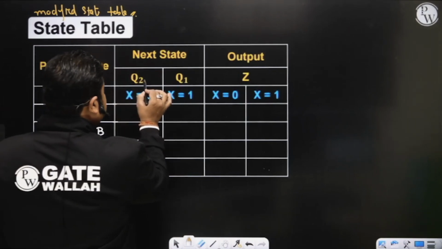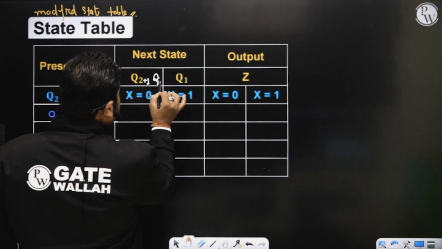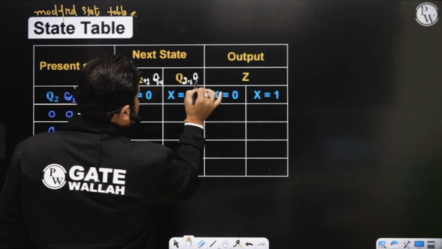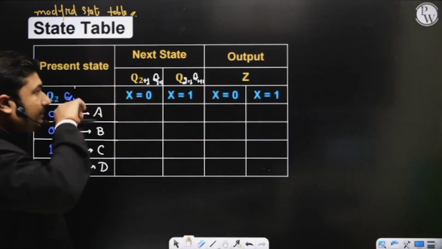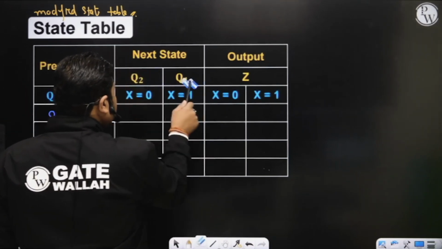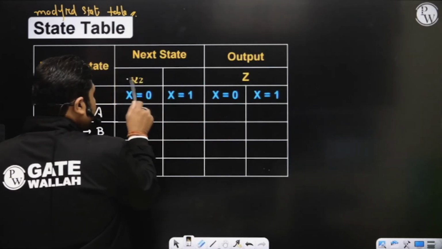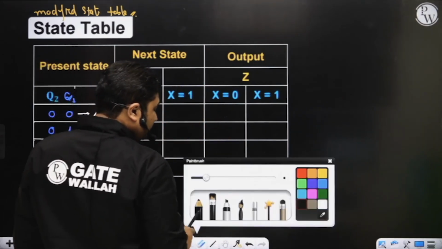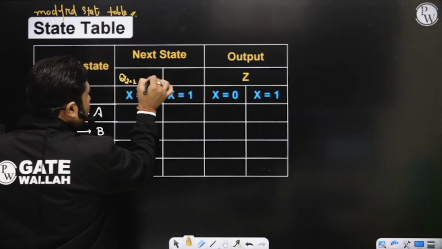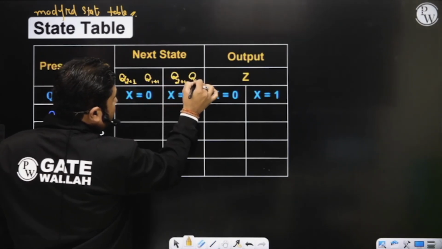Next state means Q2 plus 1, Q1 plus 1, with x equals 0 as well as x equals 1. This is your Q2 plus 1, Q1 plus 1.